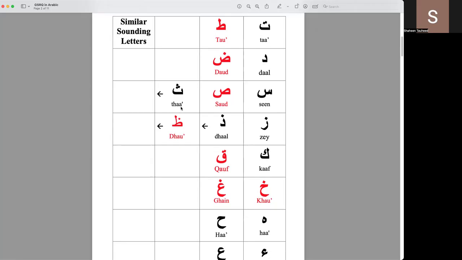Now here are three letters that are often confused, but they are not quite the same. These two have the same hissing sound, but one is light and one is heavy. And this one has the tongue sticking out, muffled sound.